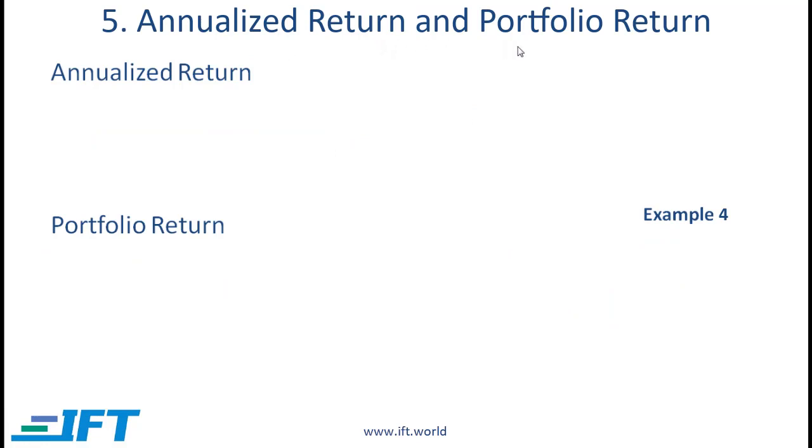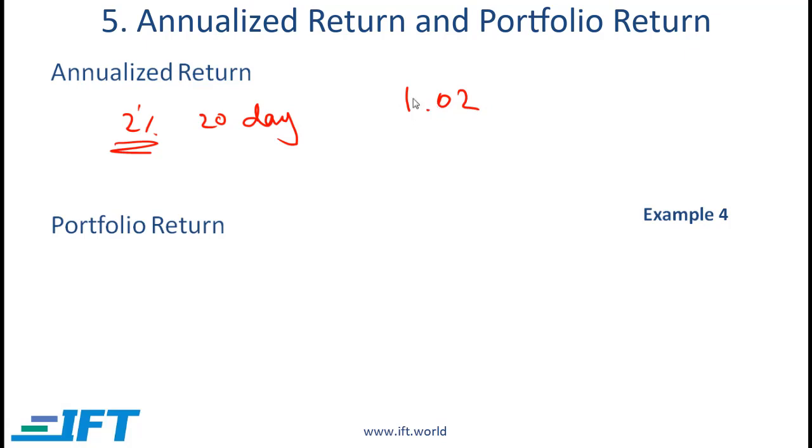Annualized return and portfolio return. Whenever you are comparing investments that are over different holding periods, you should annualize the number so you have an apples to apples comparison. If you have a return of 2% over a 20-day period, how do you annualize this? Here is what you need to do. 2% over 20 days means that a dollar invested becomes equal to 1.02 over 20 days.